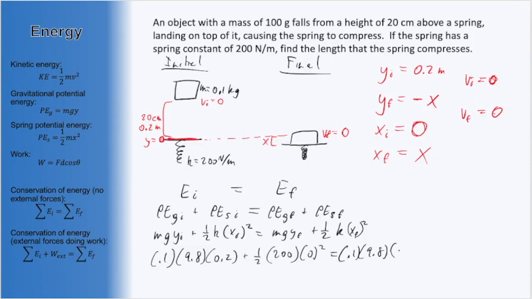We went down a distance of x, so minus x from y equals 0, plus 1/2 times the 200 spring constant times the final amount the spring got compressed, which is x squared.